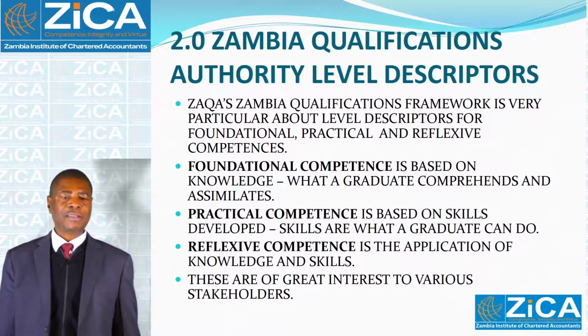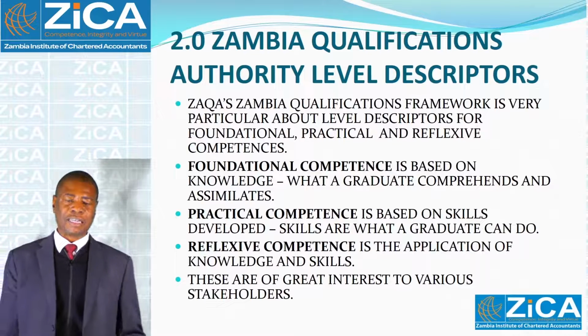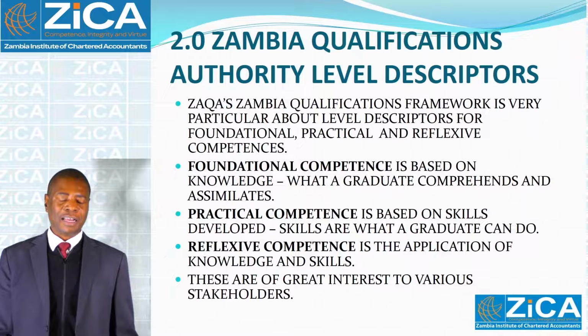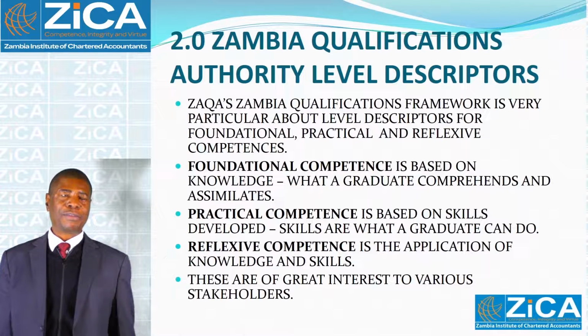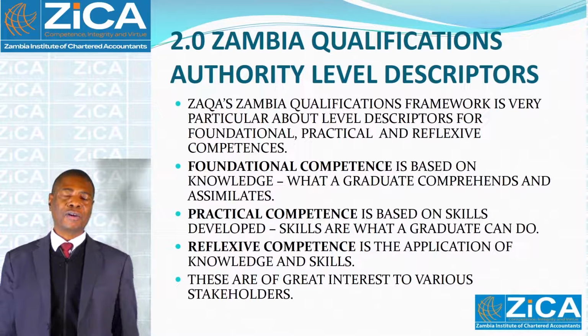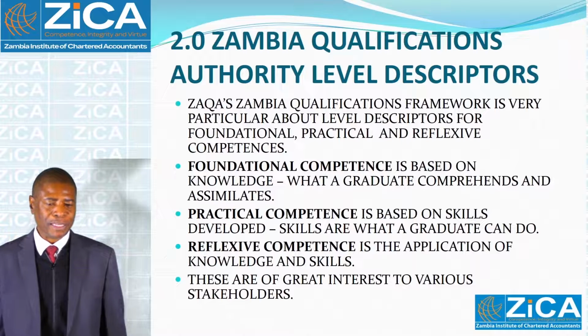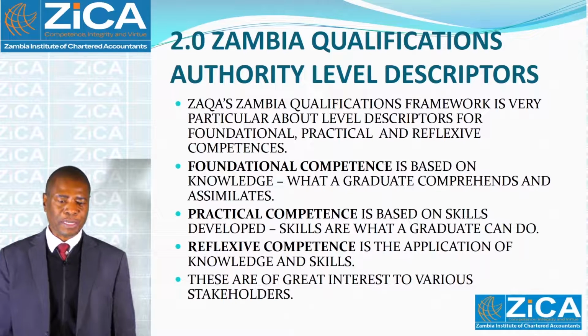The ZAQA, the Zambia Qualifications Authority level descriptors. What every student must know is there are a lot of stakeholders involved in these exams. So ZAQA is very competent, and they also want to make sure that whatever outcomes are coming out cover a number of competences. We have what we call foundation competence.